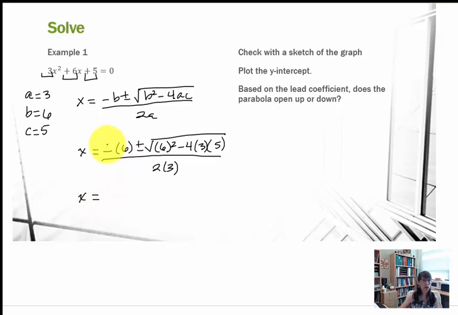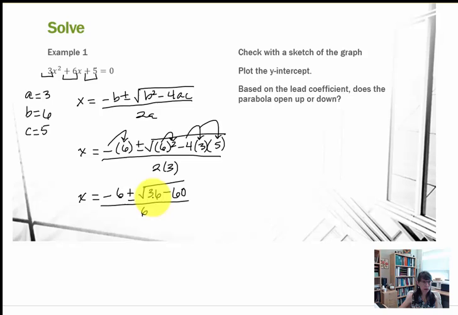So now our x value is negative times 6, or negative 6, plus or minus the quantity of 6 squared is 36, and our factors are negative 4 times 3 times 5. Negative times positive, that will be subtraction. 4 times 5 is 20, times 3 is 60. Now, of course, you could have done 4 times 3 is 12 times 5. We still have 60. Our denominator then, 2 times 3, would be 6.